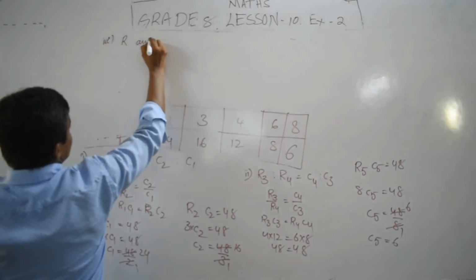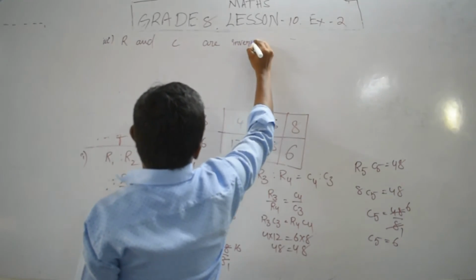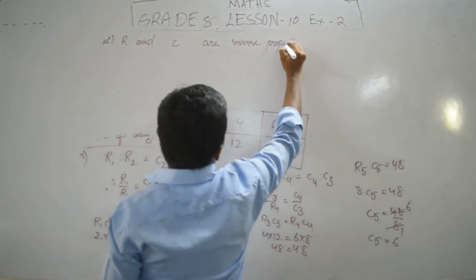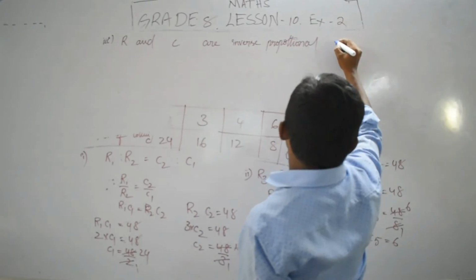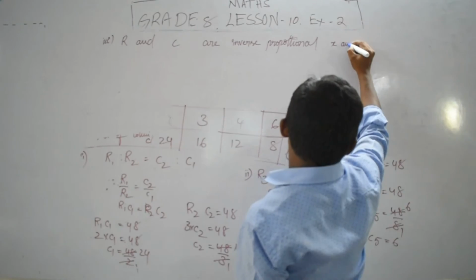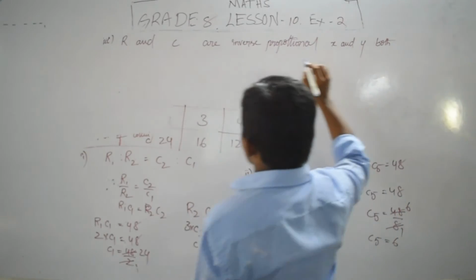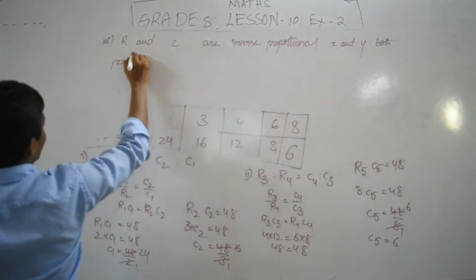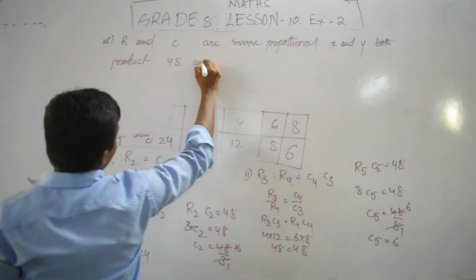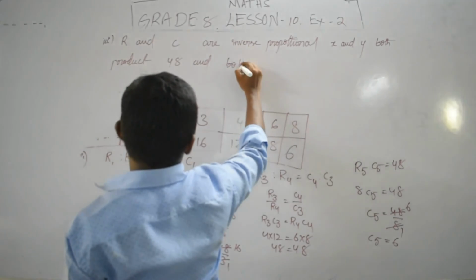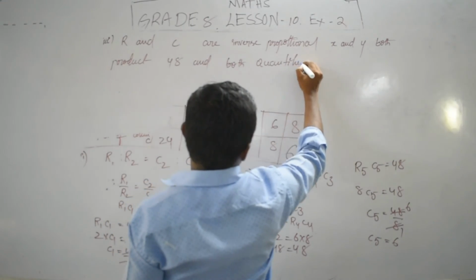R and C are inversely proportional. X and Y quantities, both product 48, both quantities inverse.